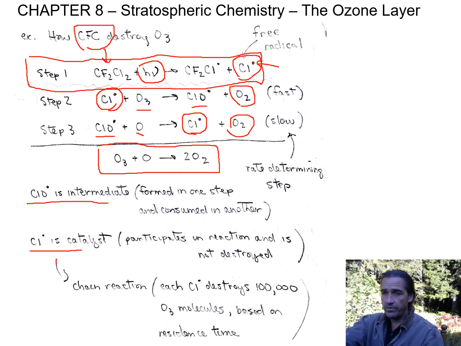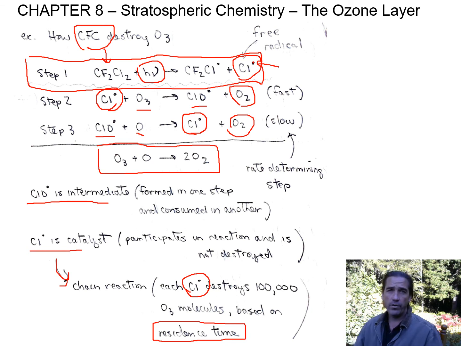And just note that this catalyst can go on to destroy 100,000 ozone molecules because it keeps being regenerated. And we can come up with this value based upon the known residence time of a chlorine radical. At some point, that chlorine radical will react with some other molecule in the atmosphere and destroy itself.